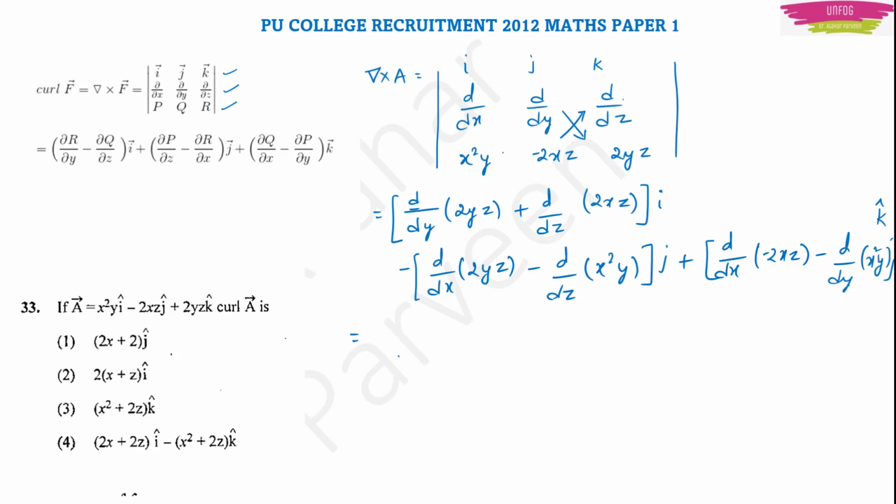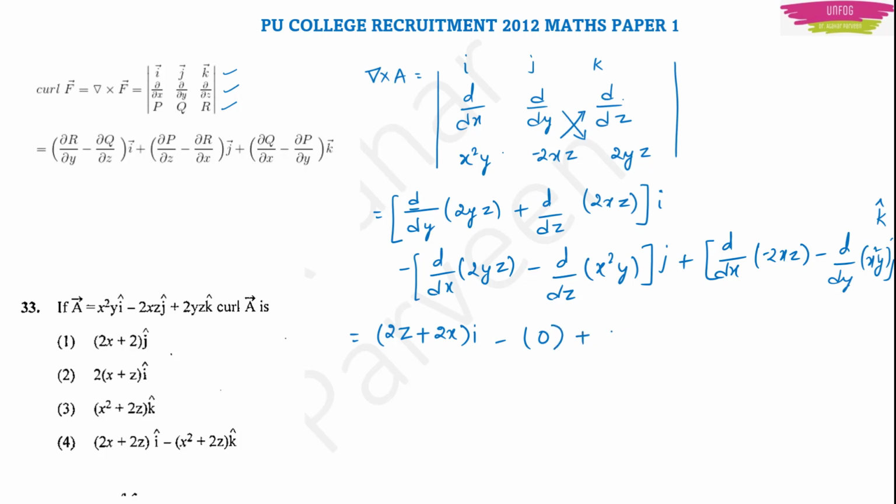Now you do differentiation. d by dy of 2yz, it will be 2z, plus d by dz of 2xz, it will be 2x, into i, minus d by dx of 2yz will be 0. d by dz of x square y will be 0 because there is no term like z here, right?